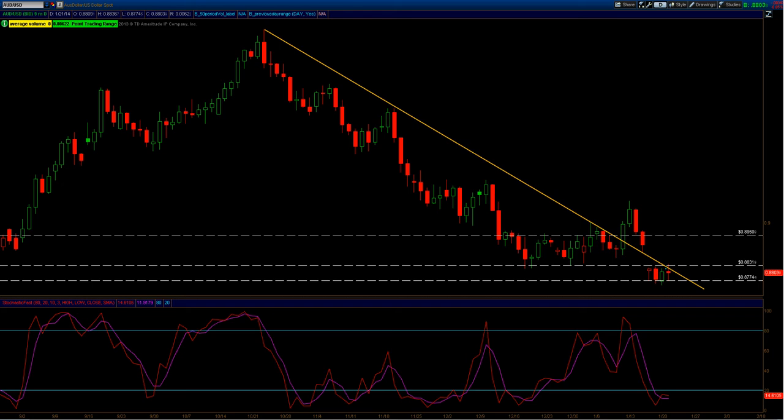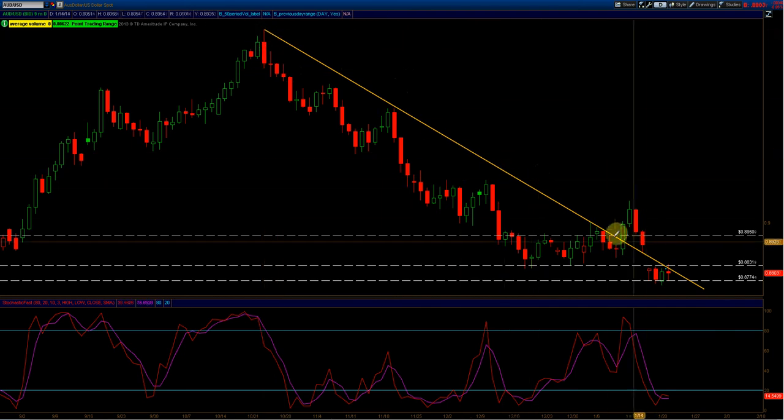And I have in orange that downward trend line that I drew in, which is playing a role in a lot of the price action, dating way back to the head of that head and shoulders, which we can see here.